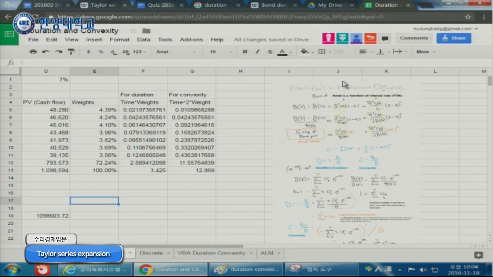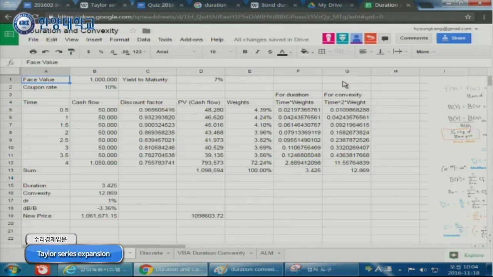Okay, so let's simulate bond price. In this sheet, suppose face value is 1 million won. So at the maturity, basically it means I borrowed 1 million today, and at the end of the maturity, I have to pay back 1 million.